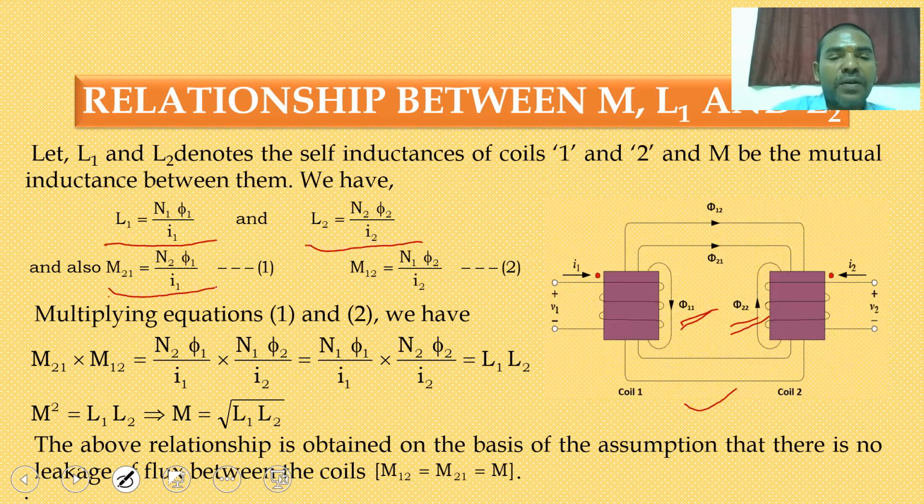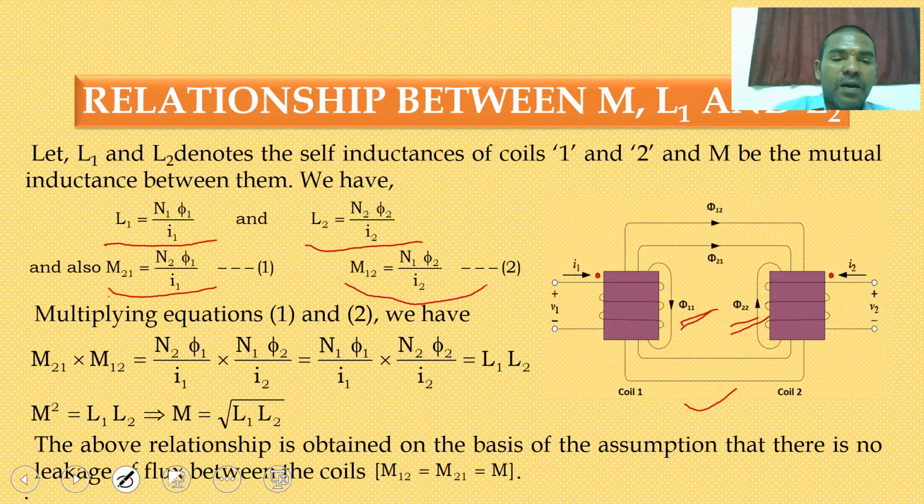And M12 means you are considering the mutual inductance with respect to the first coil due to the second current, so M12 is N1 phi2 by I2.